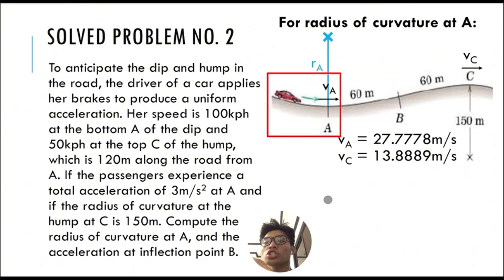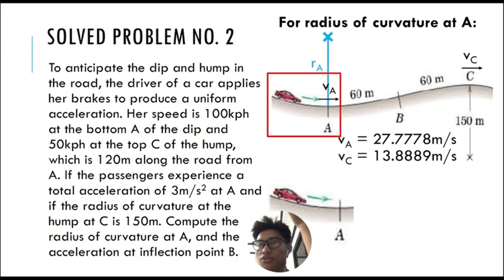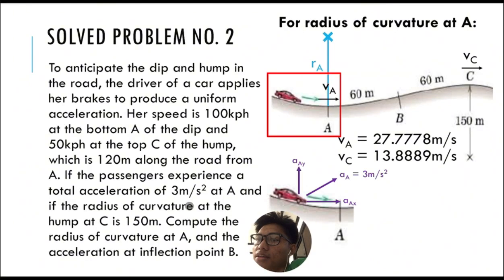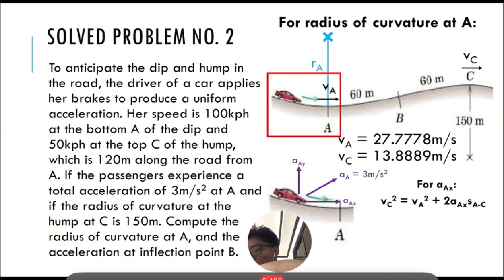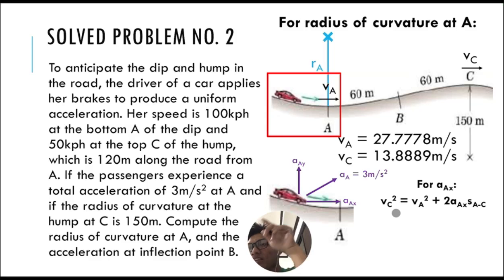Since ang nahanap natin dito is yung curvature at point A, kinrap ko yung figure para focus tayo. Tandaan nyo, meron tayong total acceleration na 3 meter per second squared. Meron tayong AX, saka meron tayong AY. For AX, kinematics lang po yan: VF squared equals VI squared plus 2AS.